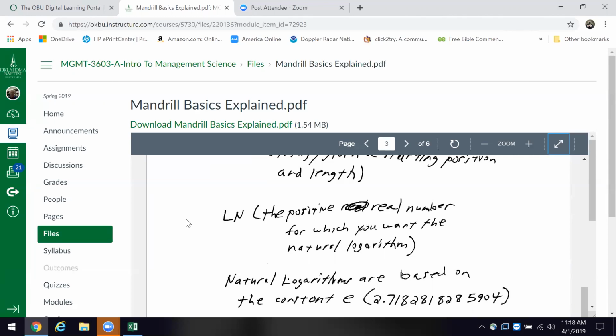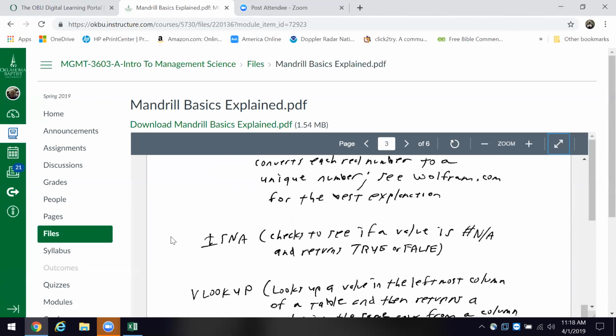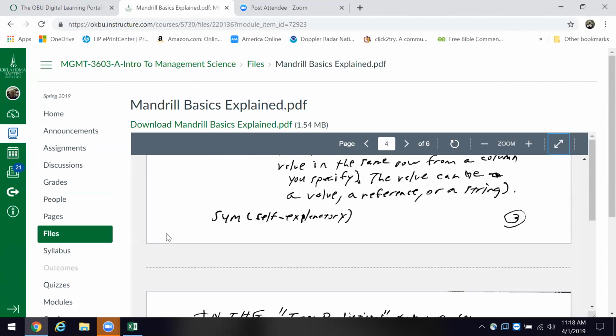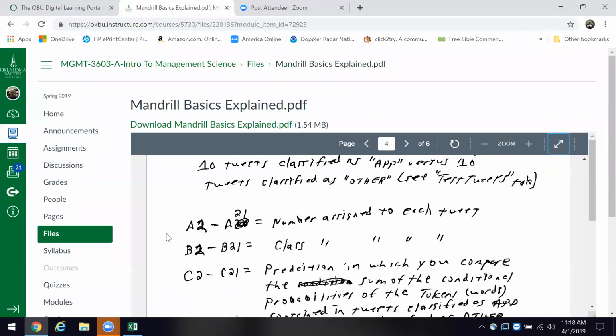So they turn them into truly natural numbers so we can compare them. And we're going to do that using the E constant. And then we're going to use some more conditional statements. We'll use a VLOOKUP. But you can see, and we'll talk about how he goes through that process as we look at it.